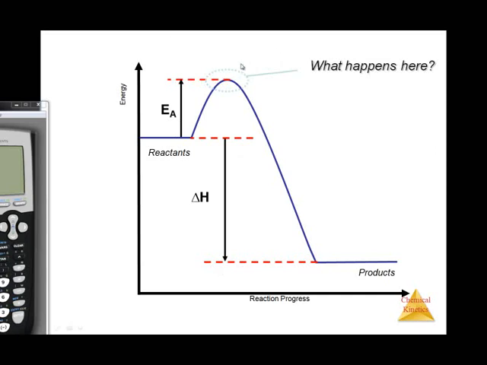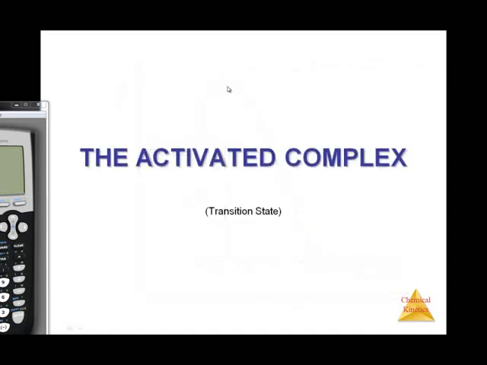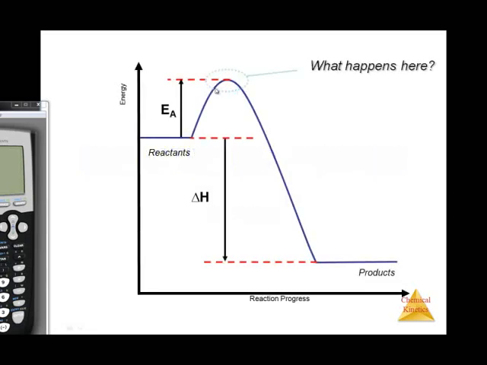So what happens here is that point in between where we have reactants and products, where the reactants have collided together and start the rearranging process before the products come out. Okay, and we call that the activated complex. So this is where the activated complex is, and we call this also sometimes the transition state.